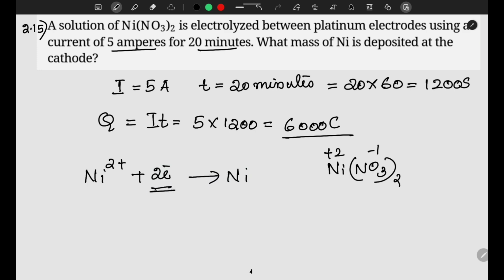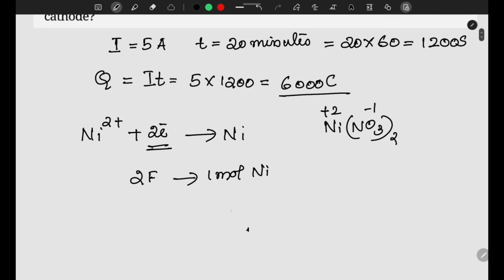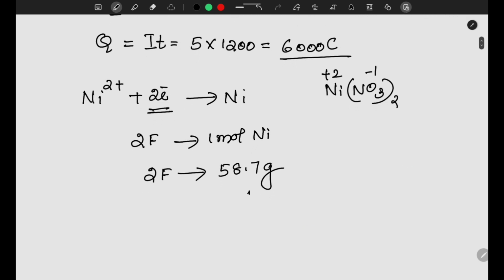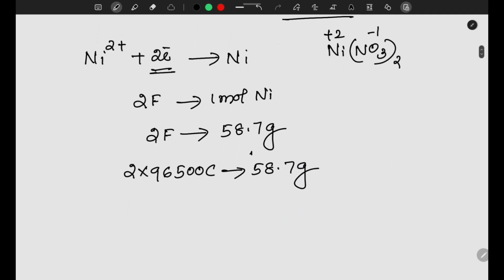So 2 moles electron, that is 2 Faraday, gives 1 mole nickel. Molar mass of nickel is 58.7 gram. So 2 Faraday means 2 into 96,500 Coulomb will give you 58.7 gram. We have only 6000 Coulomb.